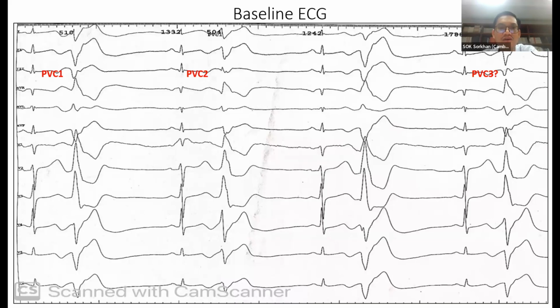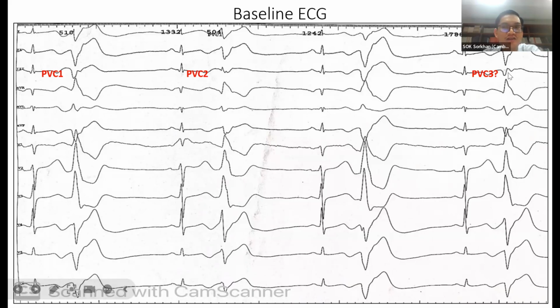So in the EP lab, in the baseline EKG, we have a lot of PVC from the left side, but I saw one lead is a bit different from another lead, lead 3. I think PVC1 is a bit negative, and PVC2 is a bit positive and negative, isolated.